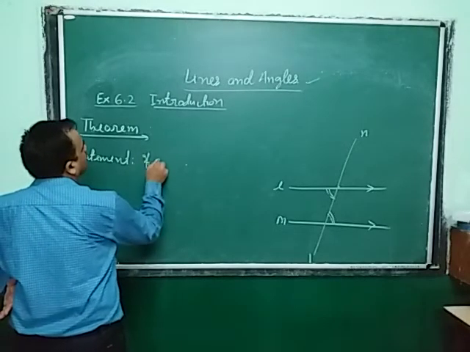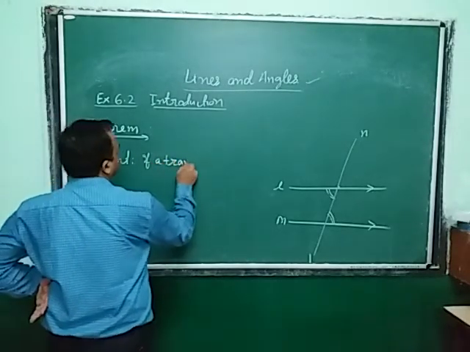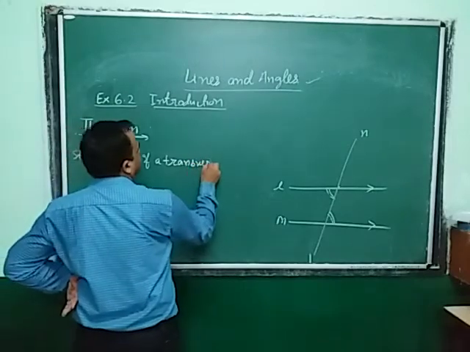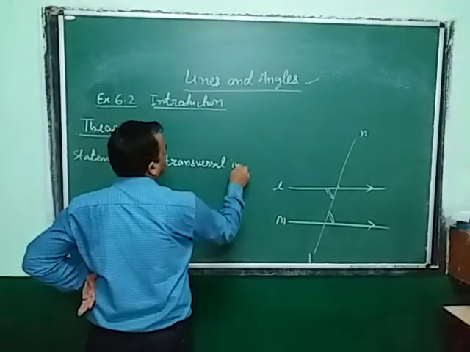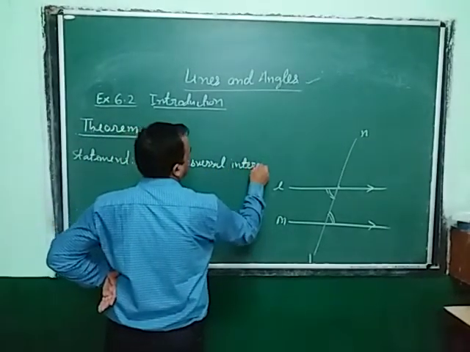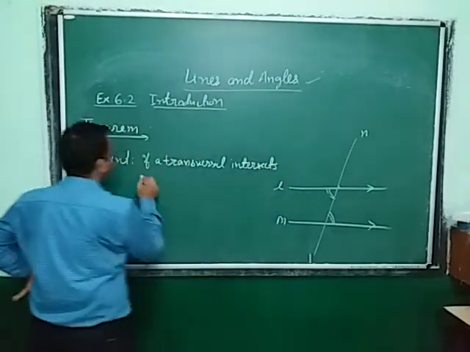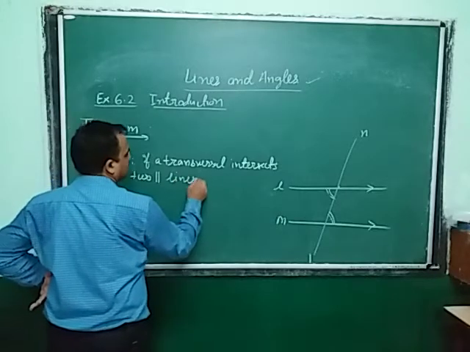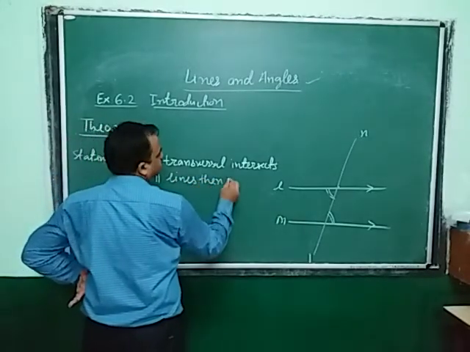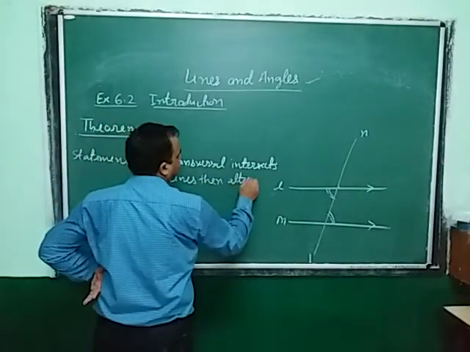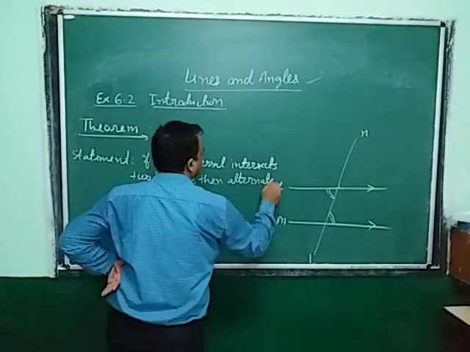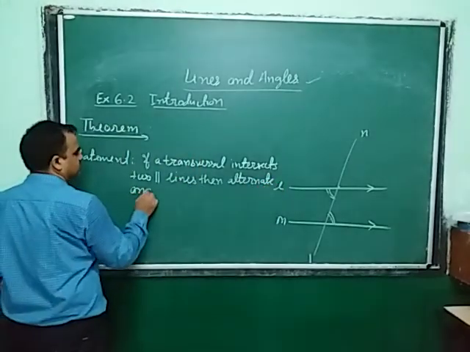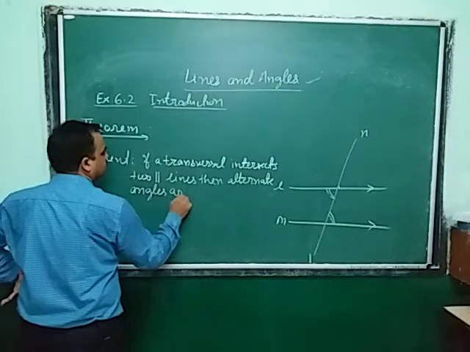Statement: If a transversal intersects two parallel lines, then alternate angles are equal.